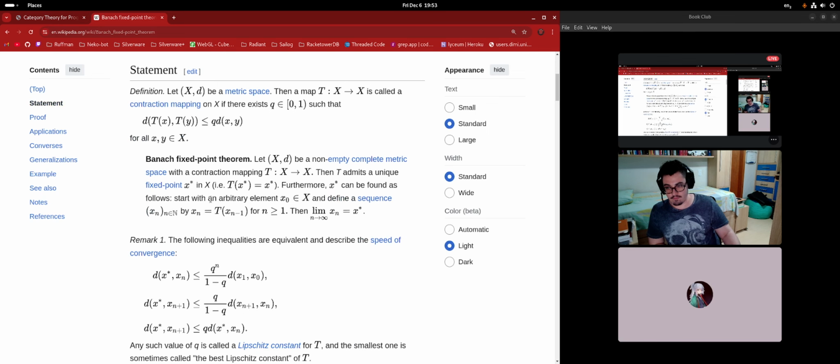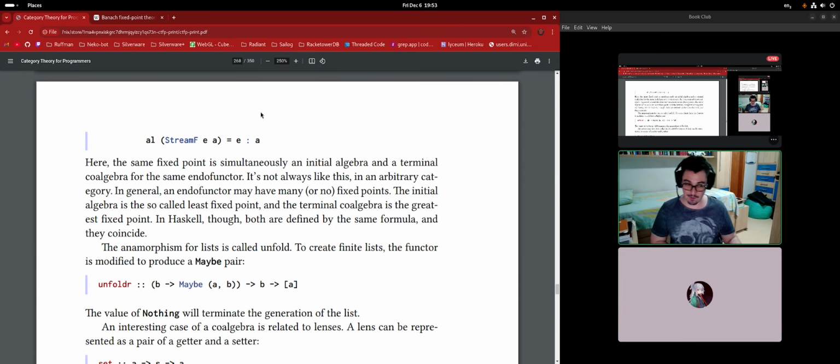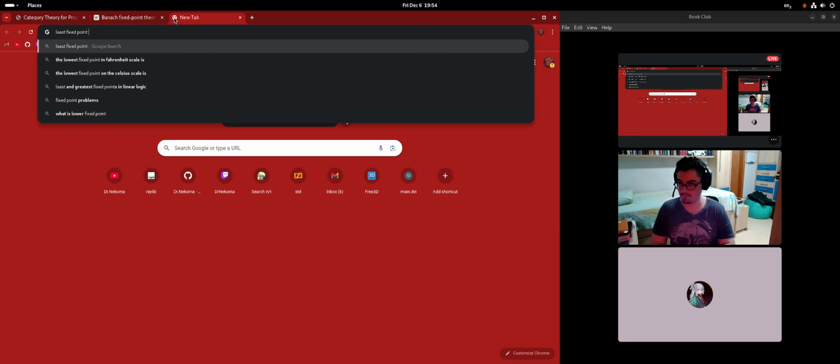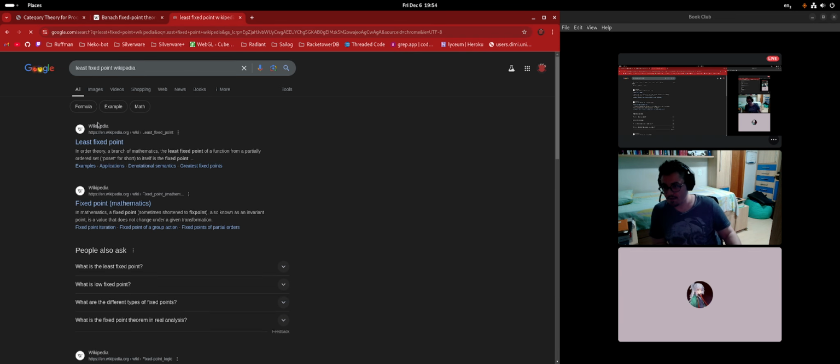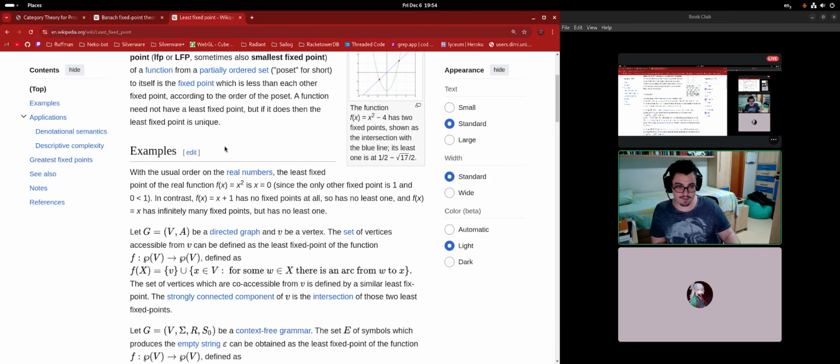So, is anyone remembering those preconditions to know if your recursive function will blow up or not? Up to the reader to decide. The initial algebra is the so-called least fixed point, and this is another nomenclature thingy. If you search for least fixed point on Wikipedia, there are more mathematical definitions of what this means.